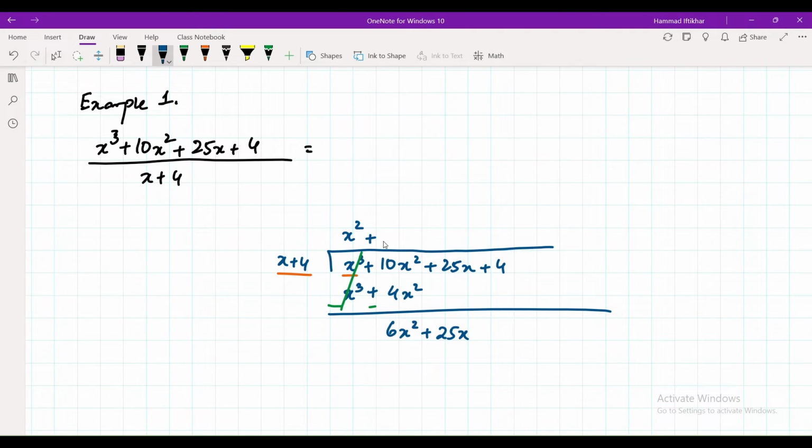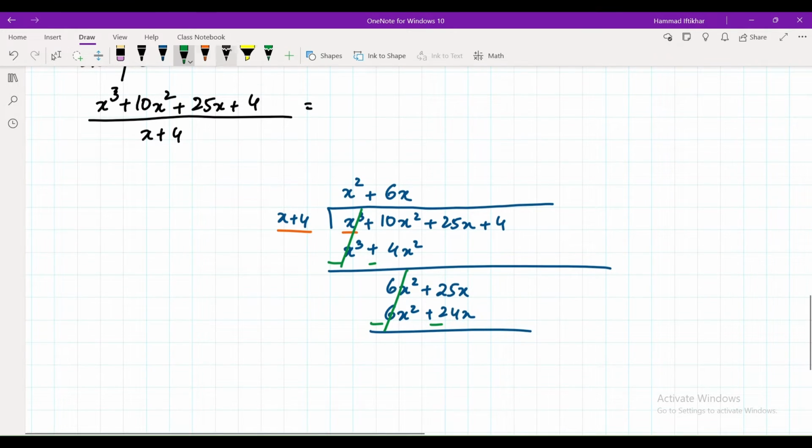Then we multiply with 6x, 6x squared, and then 6 times 4, 24x. So we subtract, this cancels out. We are left with x plus 4.